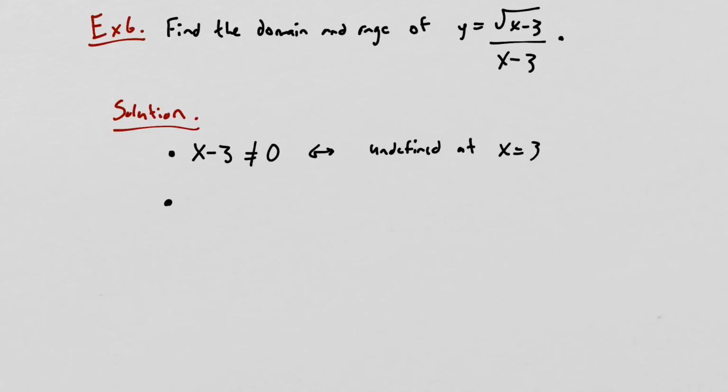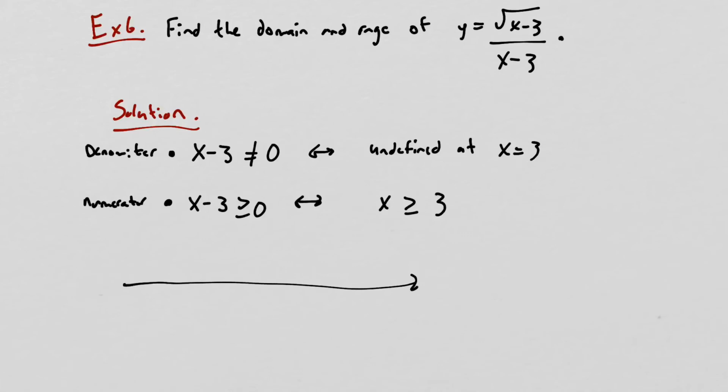This is the denominator restriction, and this is the numerator. In the numerator, we have to have that x minus 3 is greater than or equal to 0. Otherwise, our function is undefined. And so this is only going to occur when x is greater than or equal to 3. Let's draw the number line just to see what's going on.